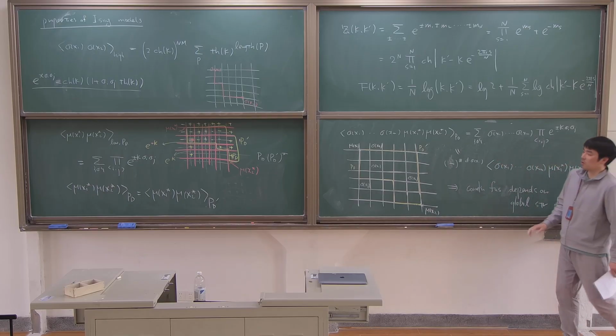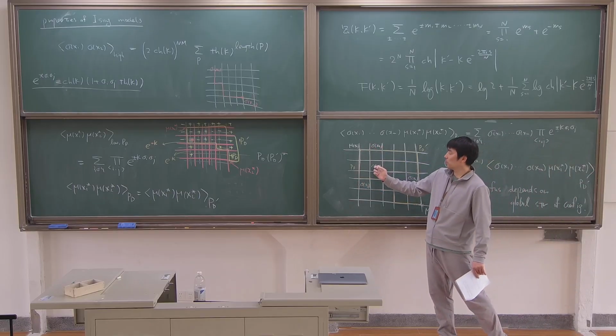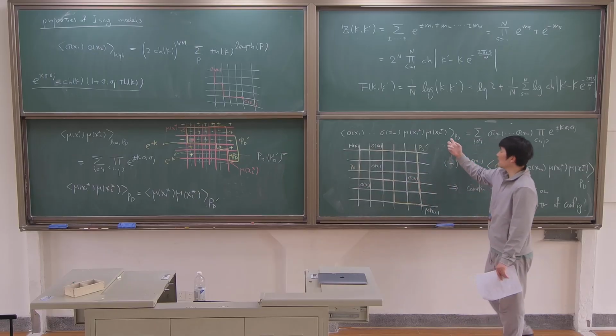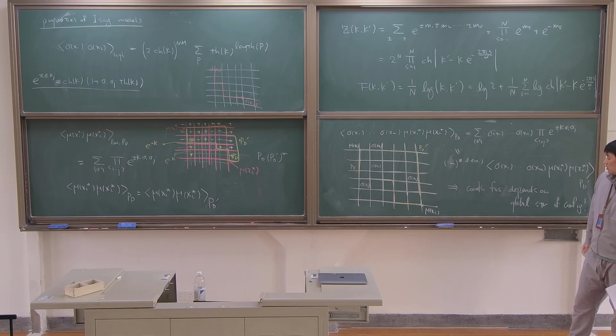So this means that where you draw PD and where you put the sigma really affect the value of the correlation function. Okay. So the global structure means the configuration where you draw this path really determines the correlation function.